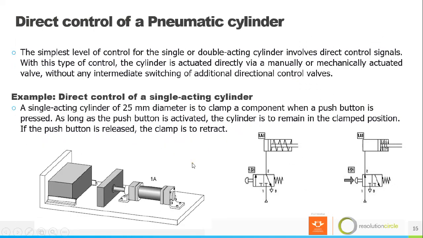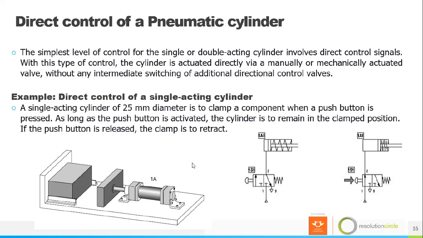So we have 2 types of pneumatic controls. We have a direct control of a pneumatic cylinder, and we have an indirect one. Direct control is the simplest level of control for a single acting cylinder.